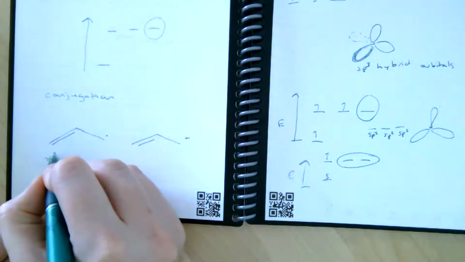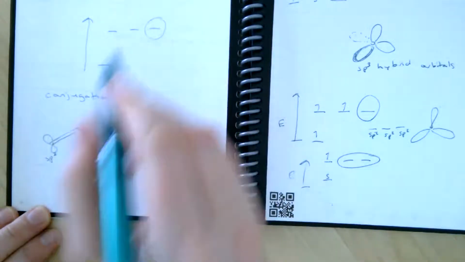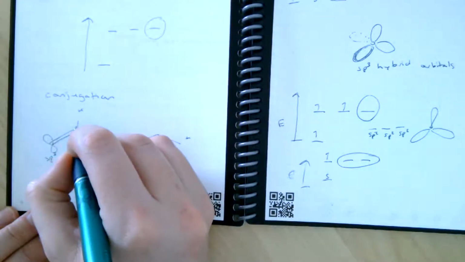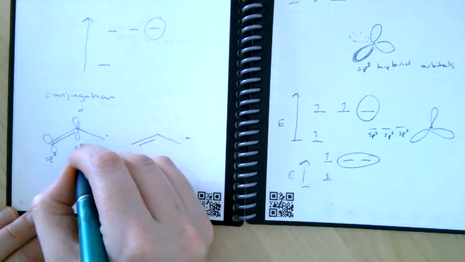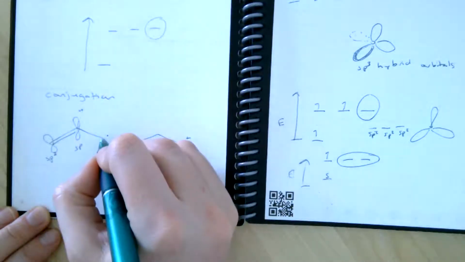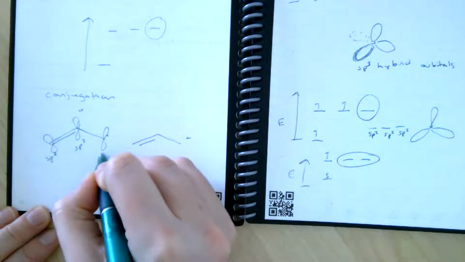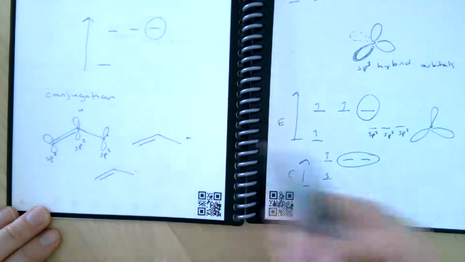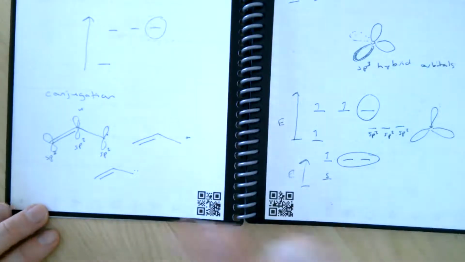where this is sp2 hybridized, so there's a p orbital that's left behind. This is sp2 hybridized, so there's a p orbital that's left behind. And this is sp2 hybridized, where there's a p orbital that's left behind.